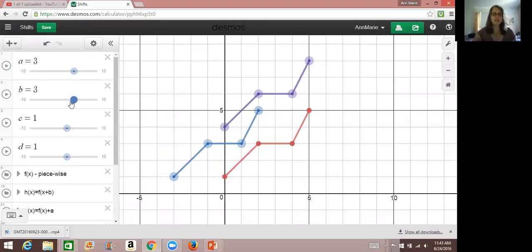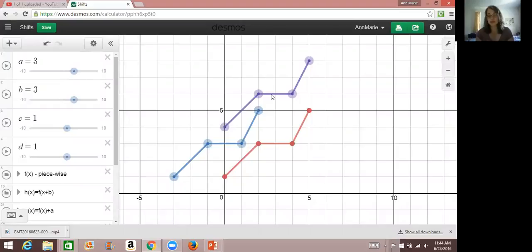Okay, the purple graph. So notice, all 3 of these graphs have exactly the same shape. This red guy is the f of x I start with. The purple guy is that same function with plus 3 tacked on at the end. So I put my input in, I've done my stuff to it, and then I've added 3 onto the end.